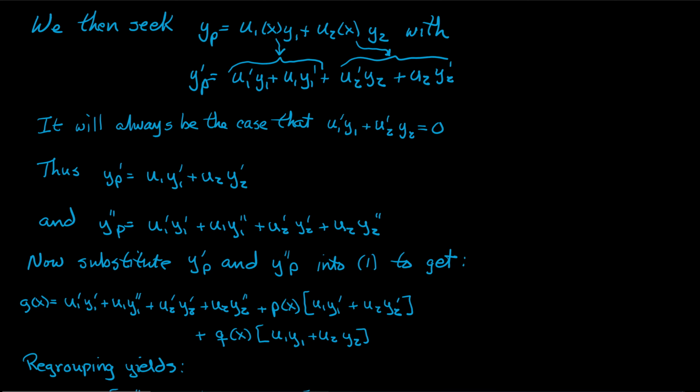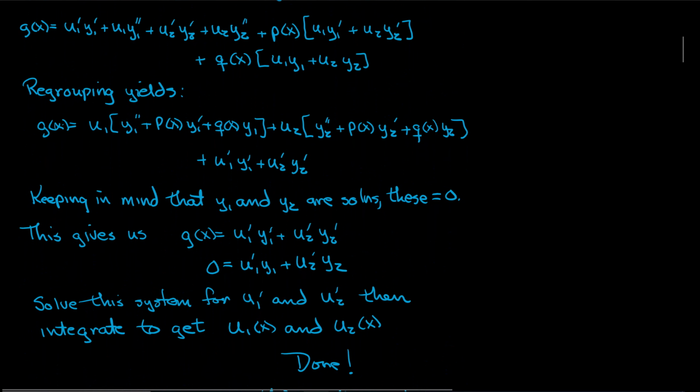The same thing holds for the third term here. We're going to have our y terms, which is going to be u1 y1 plus u2 y2. Remember, that is our particular solution that we're looking for. And it needs to be multiplied by that coefficient q of x. Depending on what these functions are, p of x and q of x, this can get a little entertaining on the algebra.